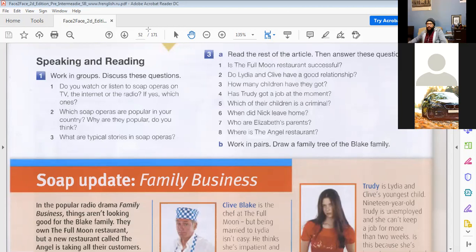Yes, maybe in the same village there is a rich family and a poor family. The poor family have a beautiful daughter, and she falls in love with the rich son.